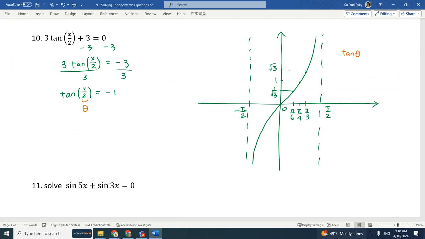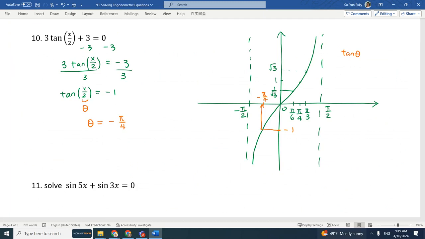So put the -1 here. And then, what can you say? Yeah, this point is negative pi over 4. So the theta is negative pi over 4. And this is just one solution within the interval negative pi over 2 to pi over 2.